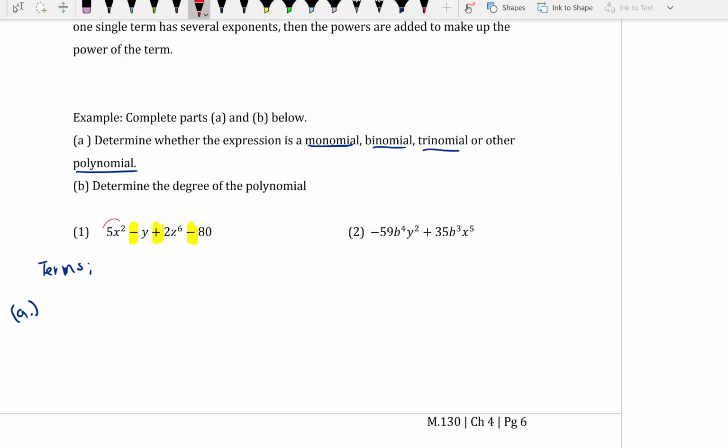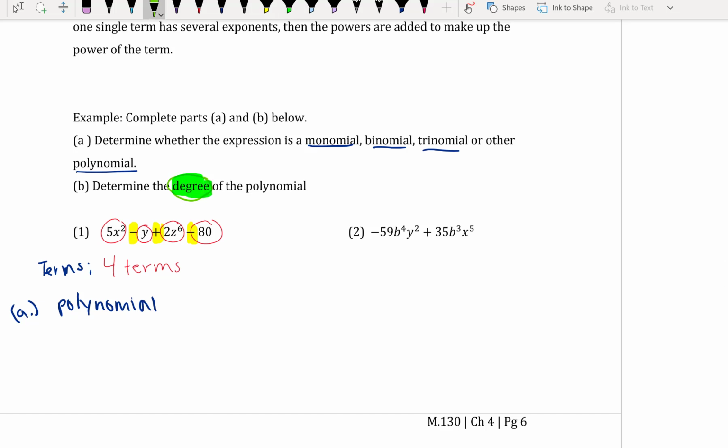It tells us we have 1, 2, 3, 4 terms. So since this is 4 terms, we are going to say that this is a polynomial, or other polynomial.